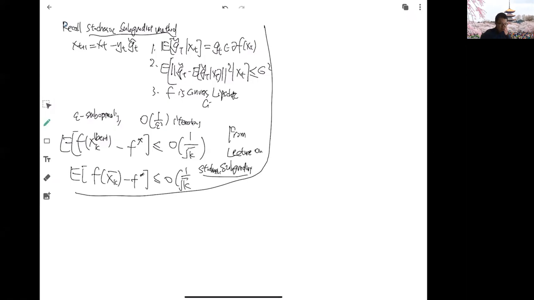Okay, what we are left with is a statement about the convergence of stochastic subgradient method in the strongly convex case.